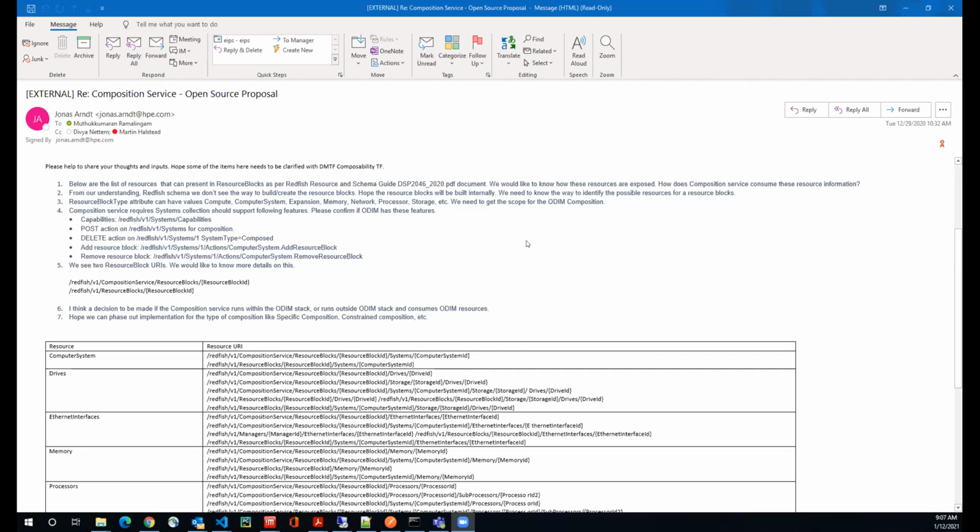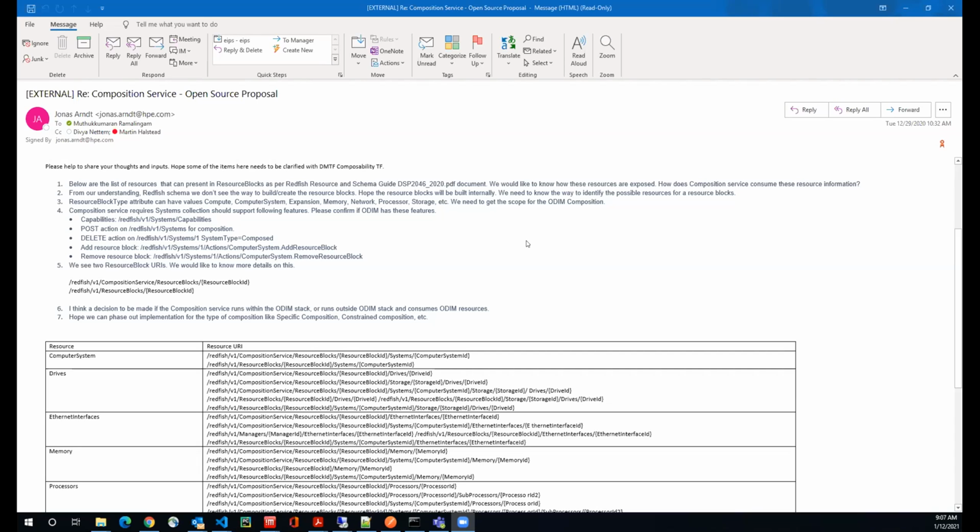And if that's the case, then for each one of those blocks, there needs to be some way of constructing it and basically doing basic CRUD. Well, hold on. In the computer system, you have actions like add resource block, remove resource block, but you don't have the actual resource block. From our understanding, add resource block within the computer system adds an additional resource block to the composed system, right?